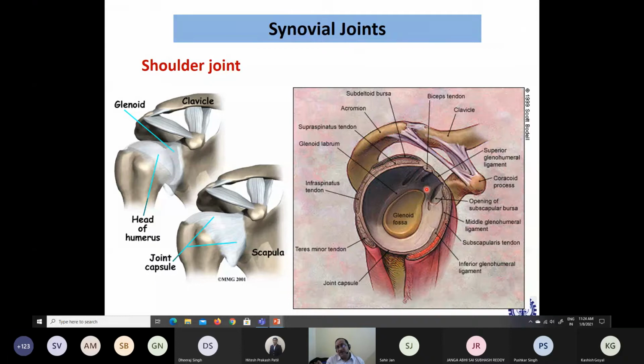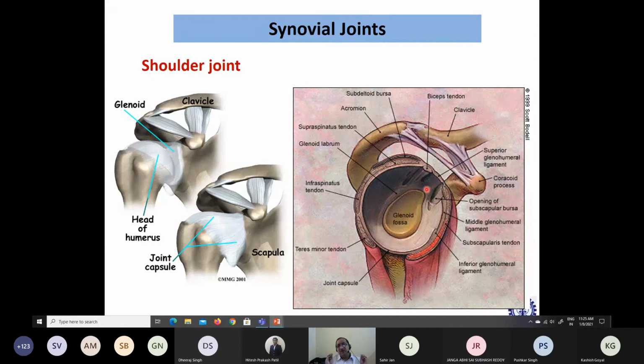There is a balance between stability and mobility provided by different joints, particularly in the upper and lower limbs.